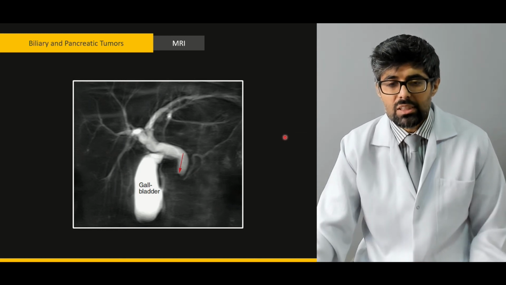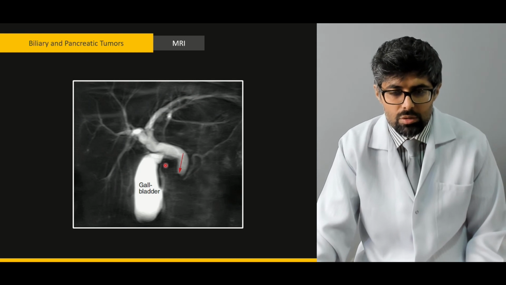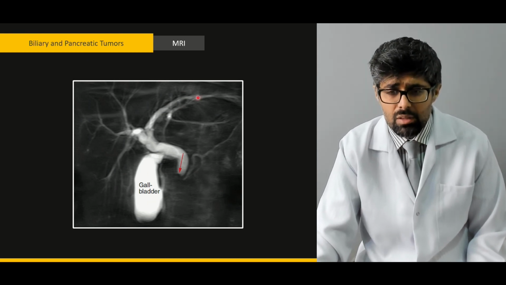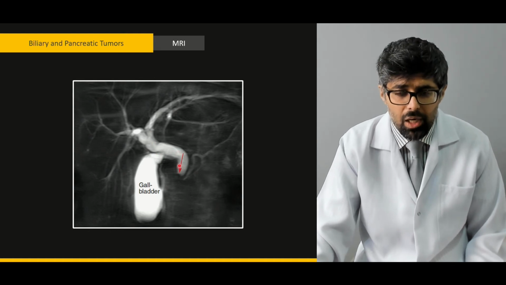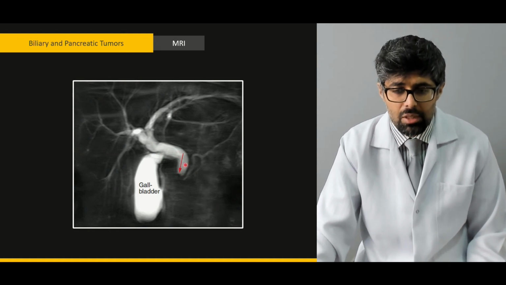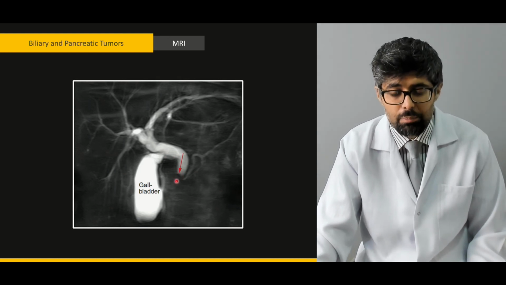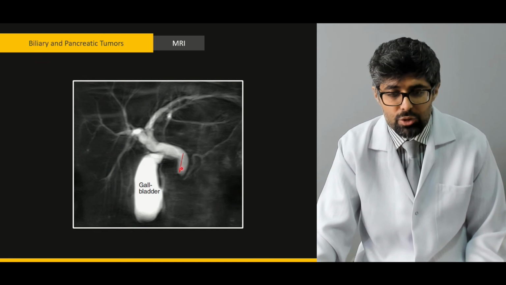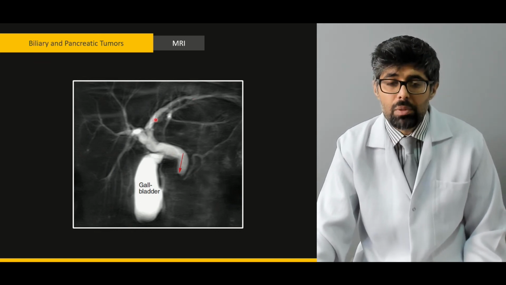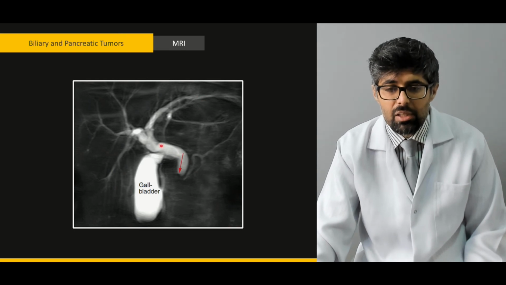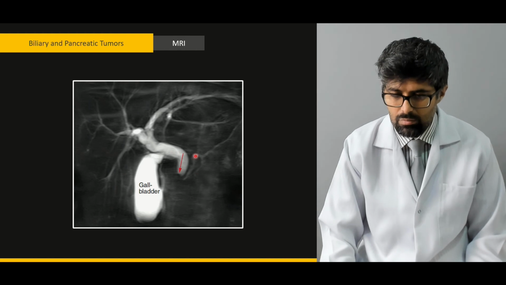In this MRCP, the gallbladder, the right and left hepatic ducts, and the common bile duct are visualized. This is the area where the obstruction has happened, and because of this obstruction, bile has pooled and is causing biliary dilation inside and outside the liver.